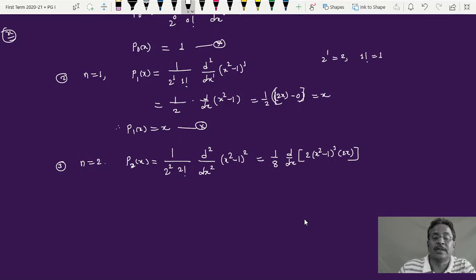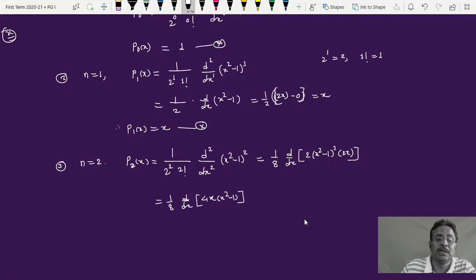And just solve this further. That is 1 upon 8 here, and that is how I get this differential. I'll get d by dx of, now solving this, 4x into the bracket x square minus 1.